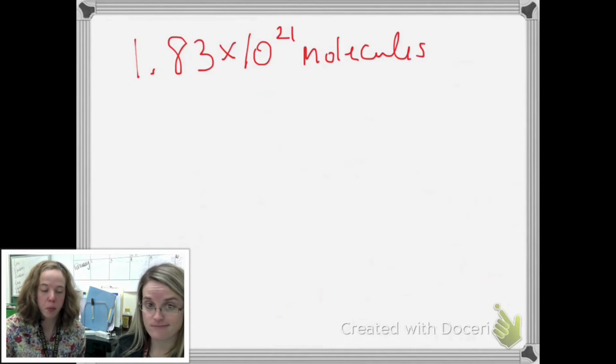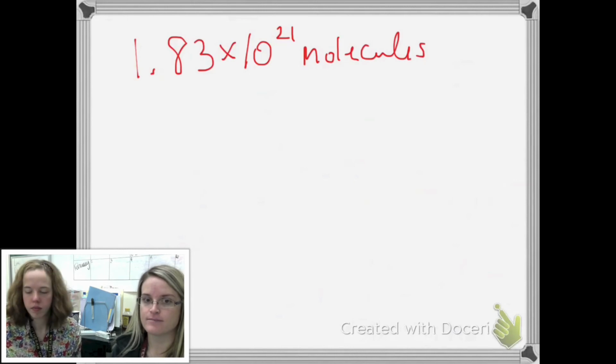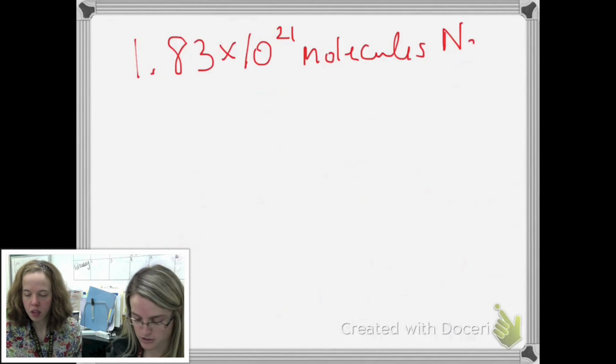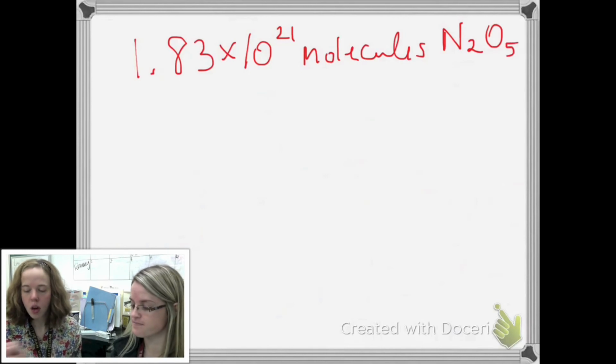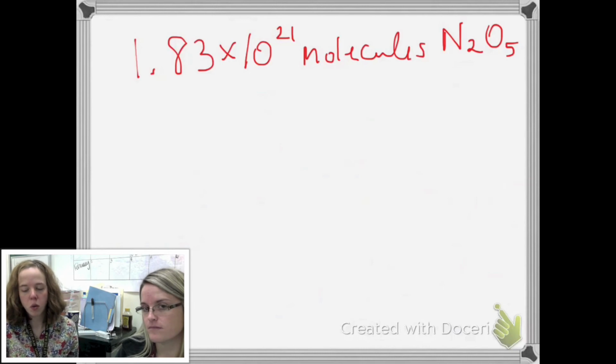Because this is where it becomes important. Dinitrogen pentoxide. What do I know about dinitrogen pentoxide? Di means 2, so it would be 2 nitrogens. And penta, like a pentagon, is 5 oxygens. So I've got 1.83 times 10 to the 21st molecules of N2O5.